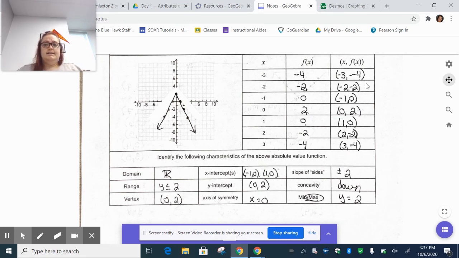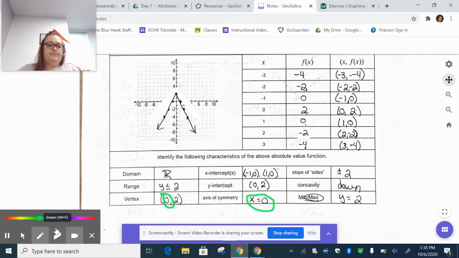Now notice that you do have your 2 x-intercepts right here. But also those patterns, if you'll notice in the last example and in this example, the patterns are the same. So we still have our vertex, our x value, and our axis of symmetry. Those numbers match.